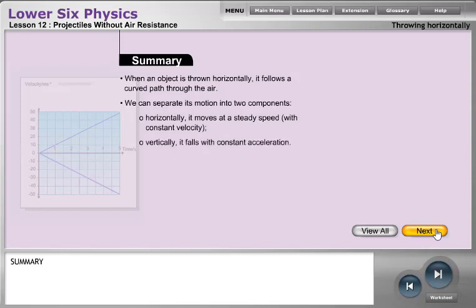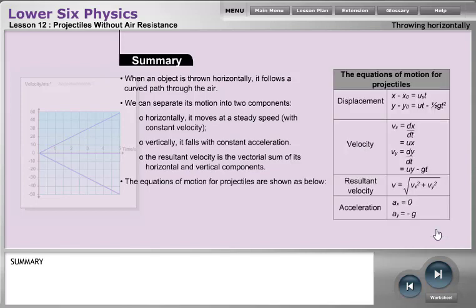Vertically, it falls with constant acceleration. The resultant velocity is the vectorial sum of its horizontal and vertical components. The equations of motion for projectiles are shown as below.